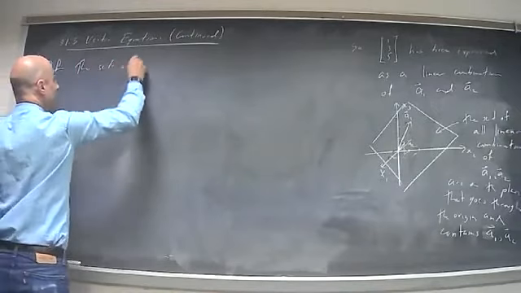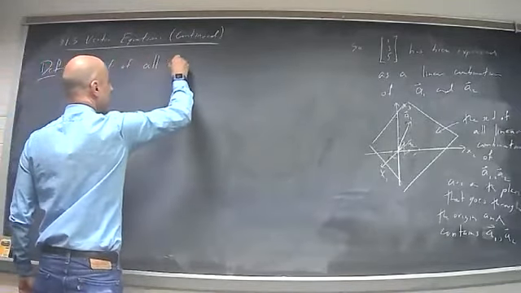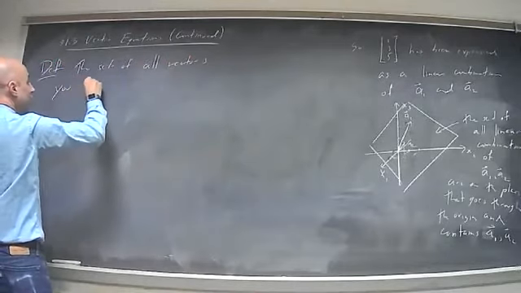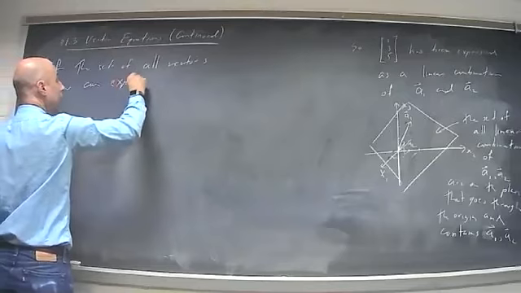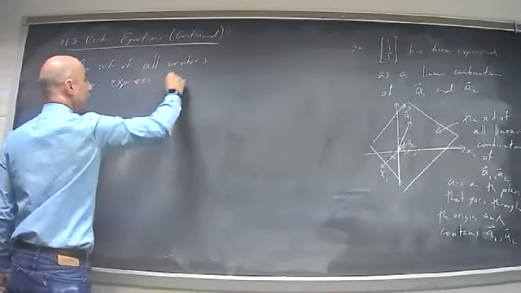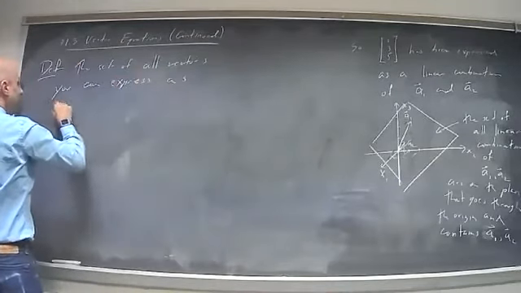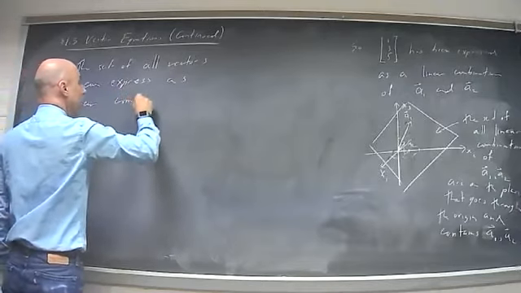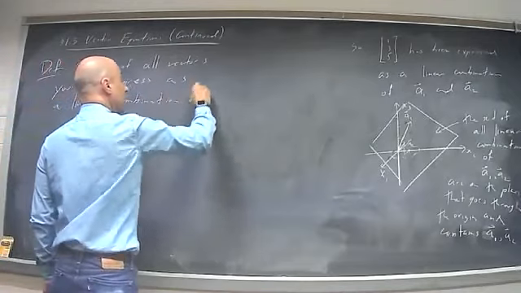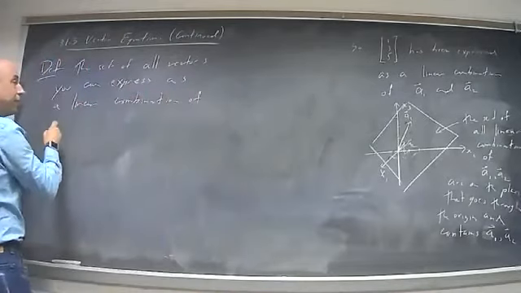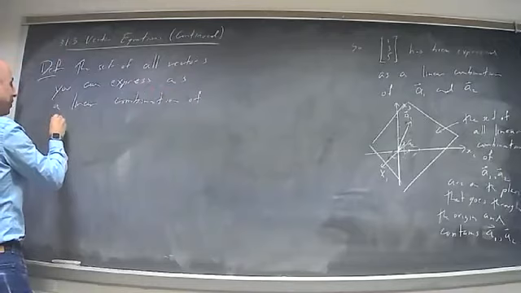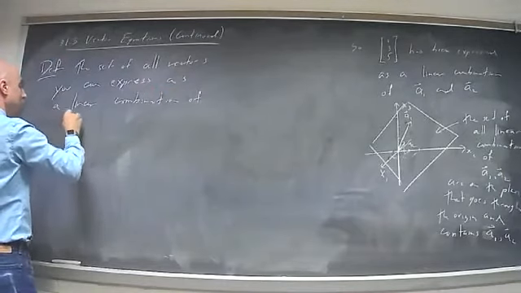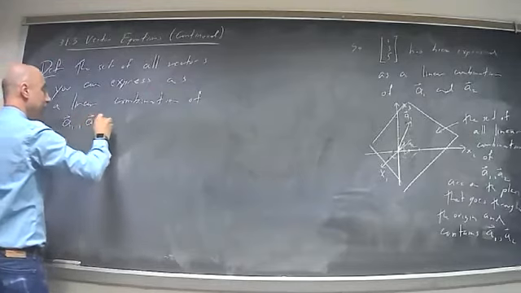Set of all vectors you can get as a linear combination of, let's say, A1 through AK.